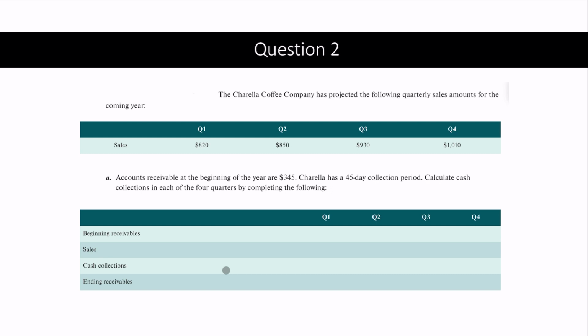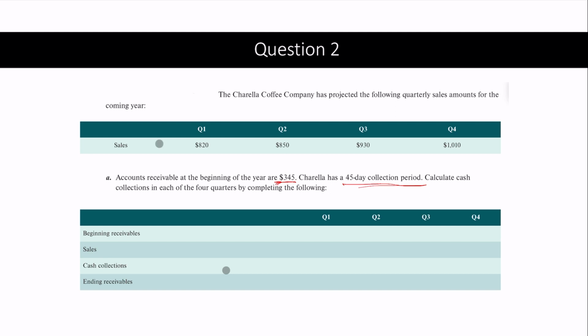Now, the given information is that accounts receivable at the beginning of the year is given. The company has a 45-day collection period. Calculate the cash collection in each of the four quarters by completing the following. So we need to complete this whole table.